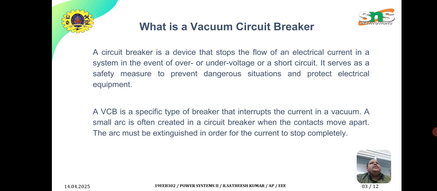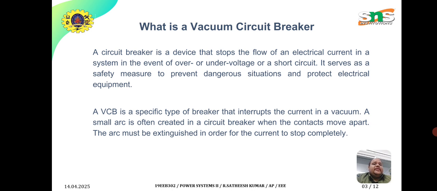That leads to heating of conductors, breaking of insulating paths, and the associated devices which are connected into the power system will also get disturbed. It serves as a safety measure to prevent the dangerous situation and protect the electrical equipment.